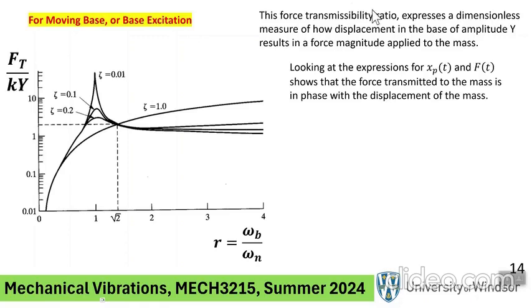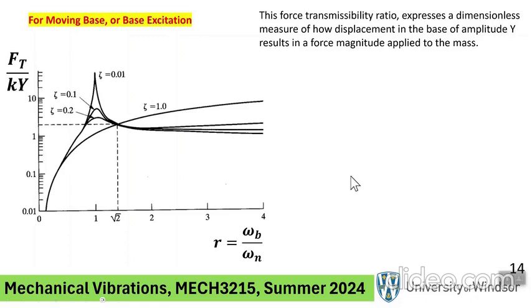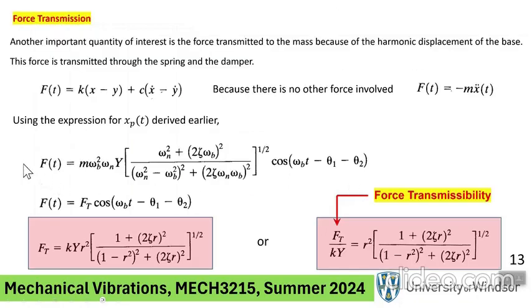In other words, they're in phase. Now, let me go back a couple of slides, last slide, and I'll come back again, just a second. Right there, you see that? This was cosine omega bt minus theta 1 minus theta 2.